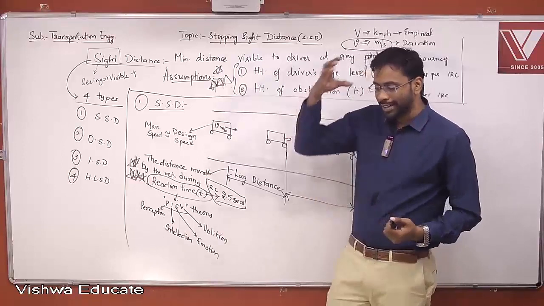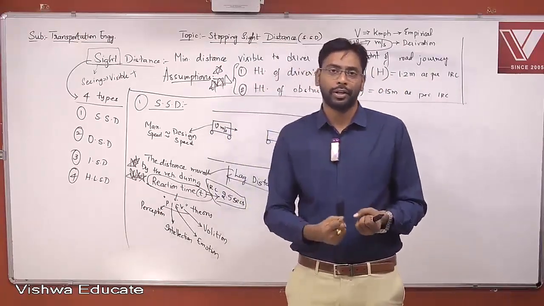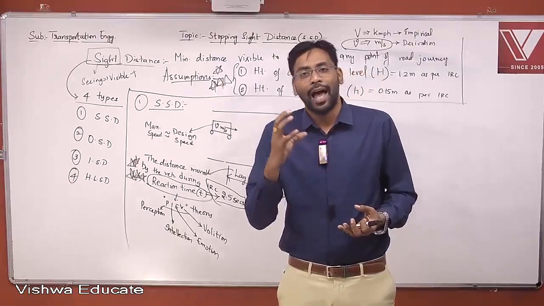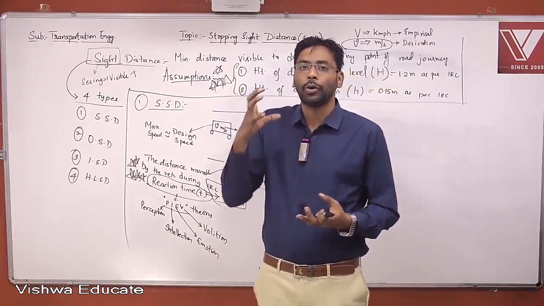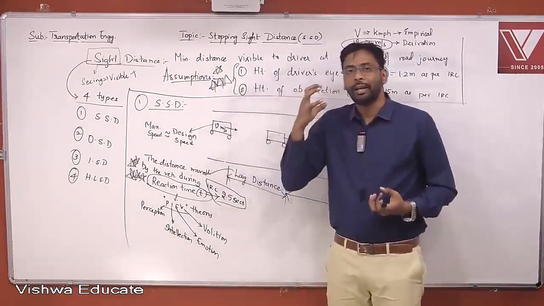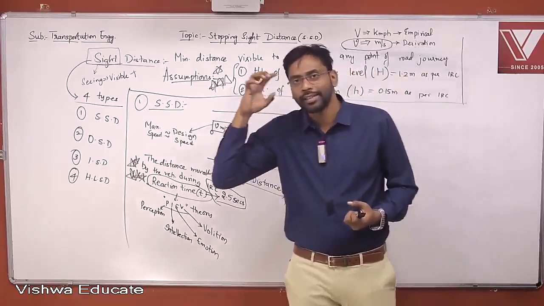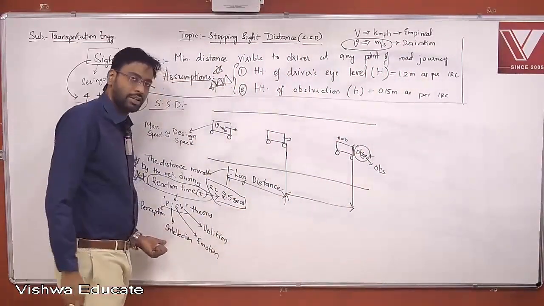Now, once the things go to your brain, it starts recollecting. Your brain starts analyzing the situation, right? Your brain will work out what to do now, right? So the time taken by the brain to analyze that particular situation is called as intellection time.